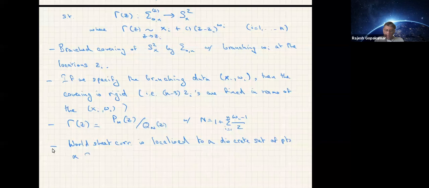So it's proportional to something like a product over i equal to 1 to n-3. So this is quite unusual behavior for a worldsheet correlator to behave as some delta function, but this is what the free field Ward identities will tell you, and this is what I will try to briefly sketch.